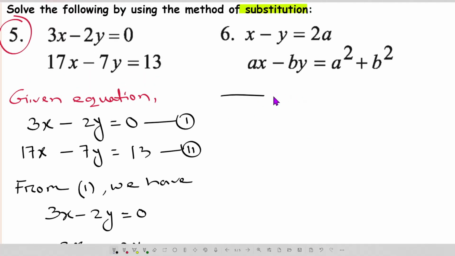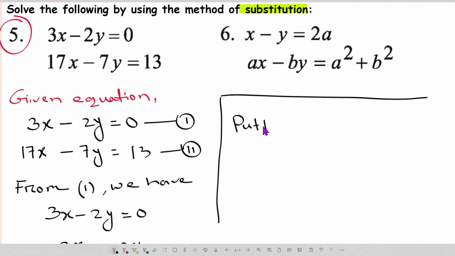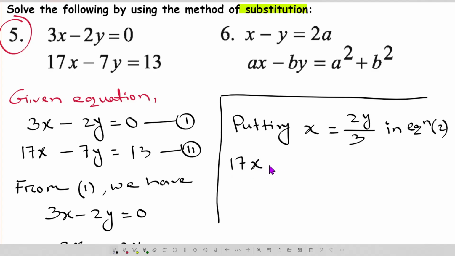Now putting x equals 2y by 3 in equation 2. Here is 17x minus 7y equals 13, right?